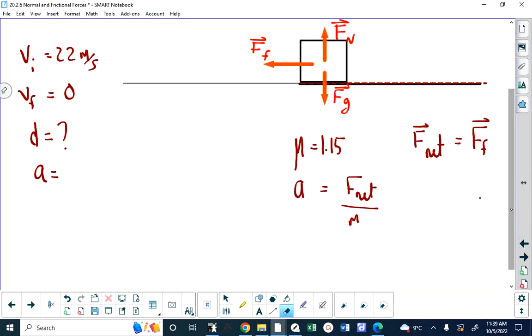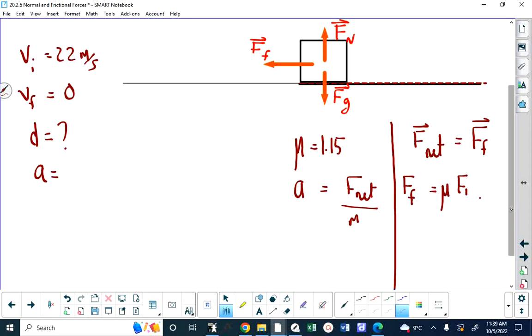Well, the force of friction, and again, I will never take shortcuts here. I think it's important. The force of friction is not mu mg, although it is. It's mu times the normal force, which in this case is equal to mu times the force due to gravity.